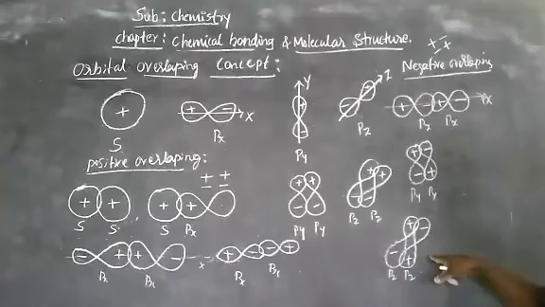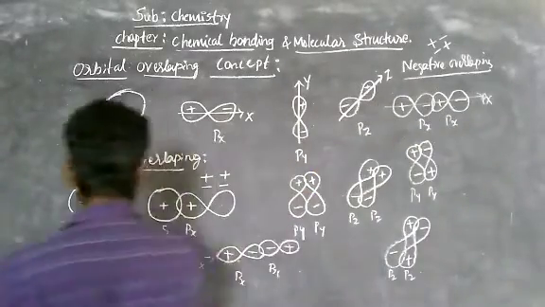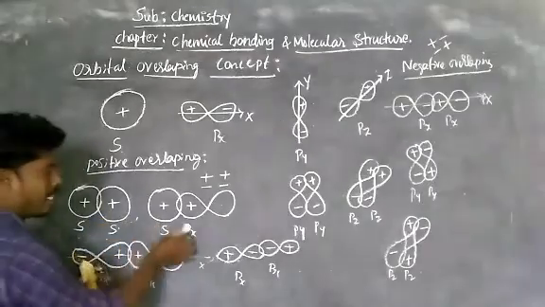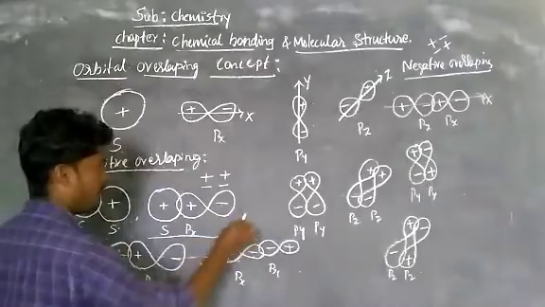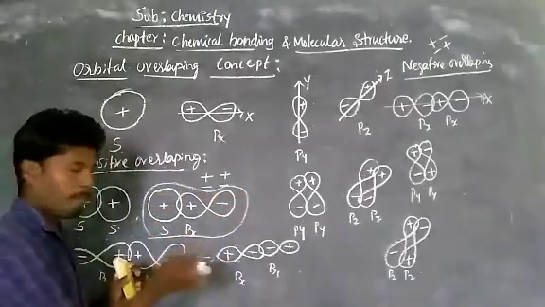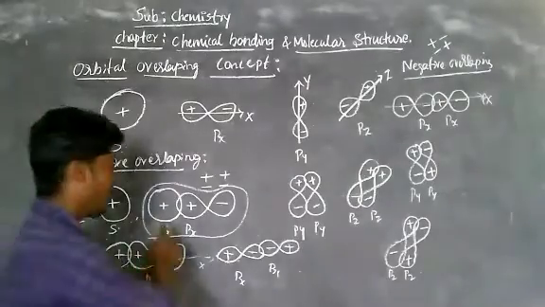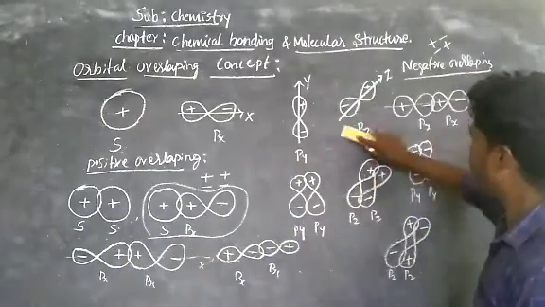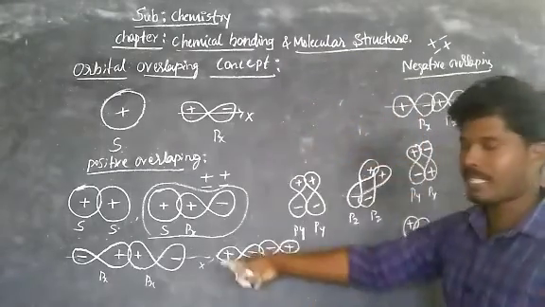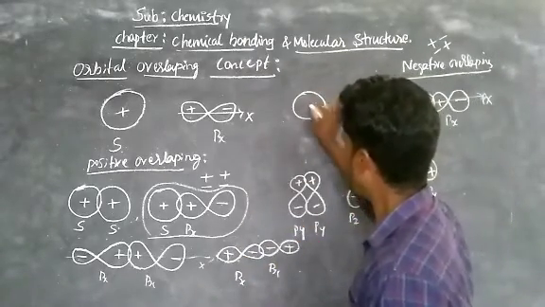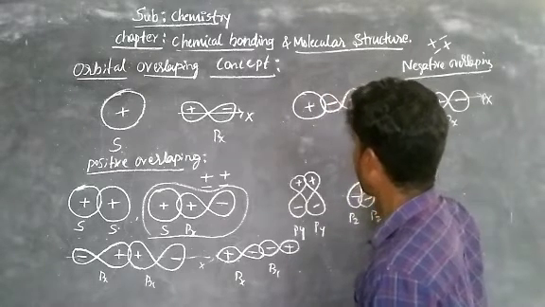And we can also learn the overlapping of plus and minus orbitals here. Observe, this is the ss orbital overlapping. This is the s and p orbital overlapping. One is positive, one is negative. In this case, if the minus loop is overlapped here, we call that negative overlapping. Remember, negative overlapping is in the case of s and p. The s is spherical in shape and positive, and p is dumbbell in shape having two loops, one positive, one negative.